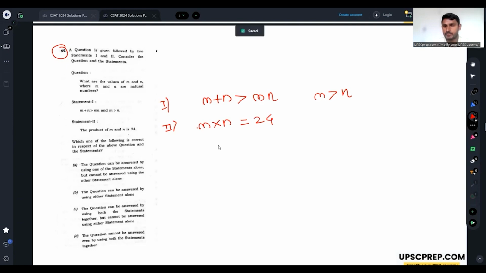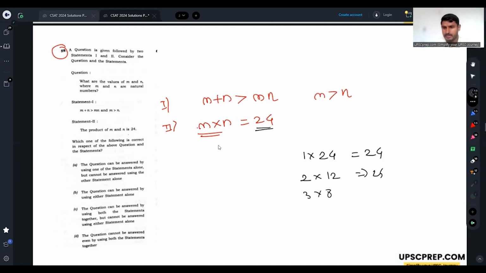So let's say we start from statement 2. What can be the factors of 24? The first will be 1 into 24, right? You will get 24 as the answer. Again, 2 into 12, 24.